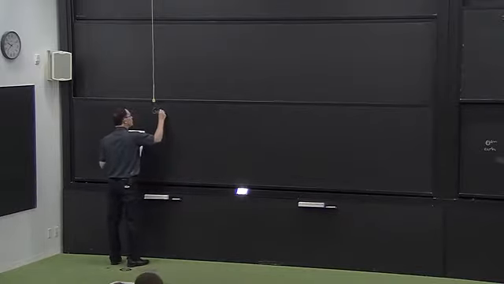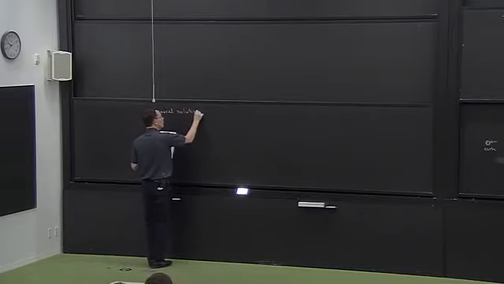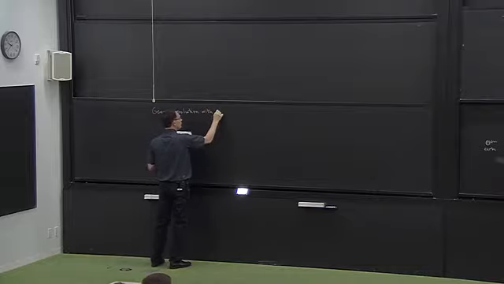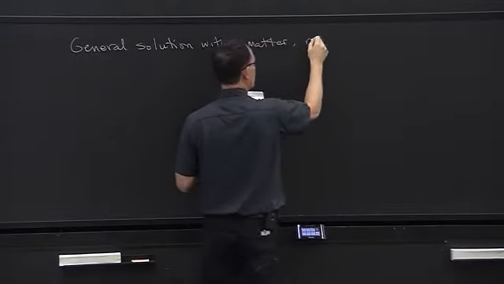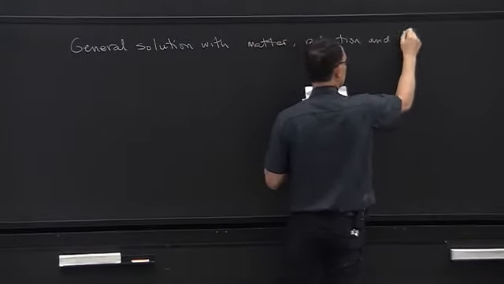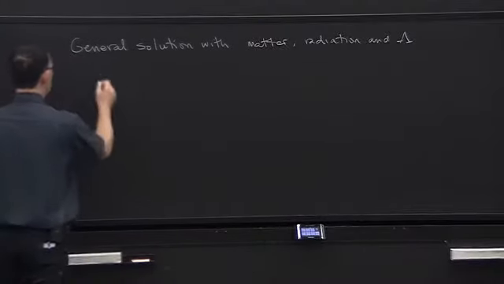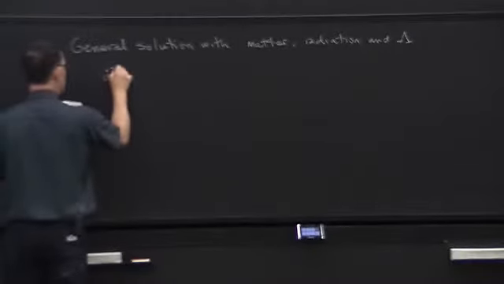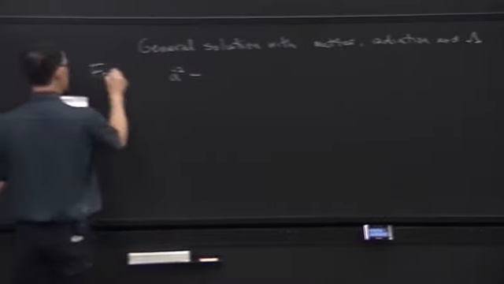The general solution with matter, radiation, and lambda. So we'll write this in the following way. A dot squared, so Friedman, we can reorganize the Friedman equation.